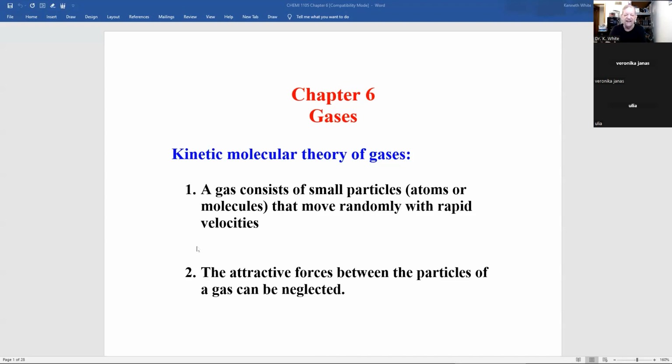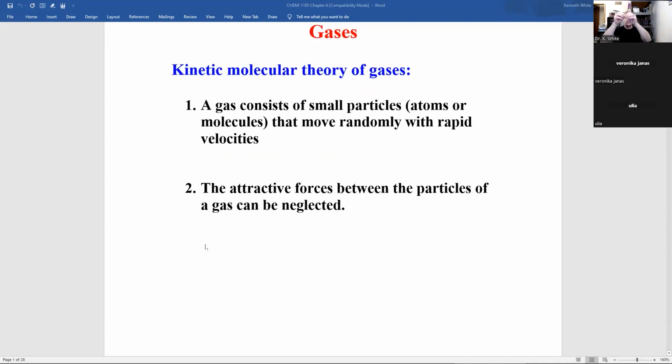Velocity is speed and direction. Speed alone is just a number. Velocity includes direction. If you've had it, that's a vector, but we won't do vectors in here. So right now, there are molecules of oxygen and nitrogen zooming all around fast. The attractive forces between the gas particles are negligible because they're moving around very fast.